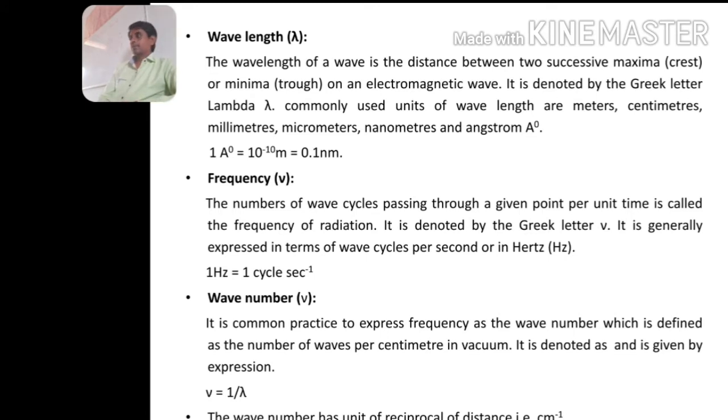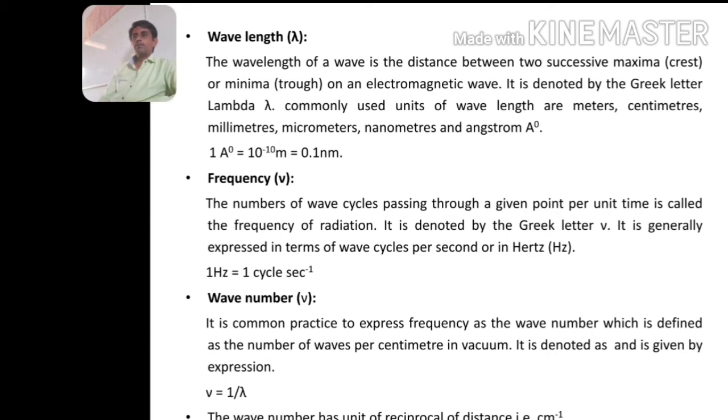Now the second characteristic property of electromagnetic radiation is the frequency. The number of wave cycles passing through a given point per unit time is called the frequency of radiation.